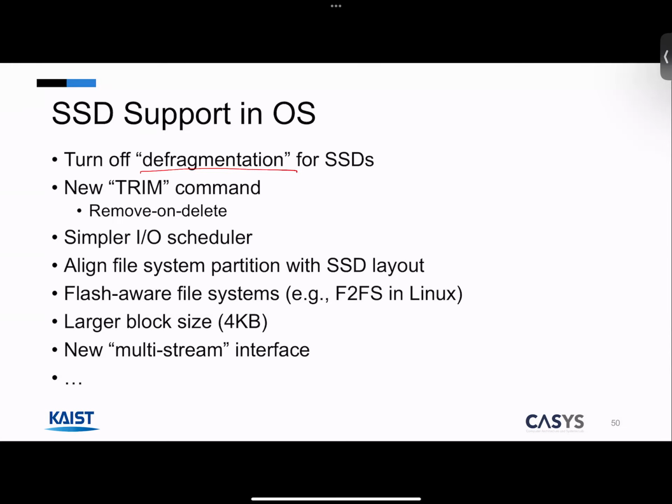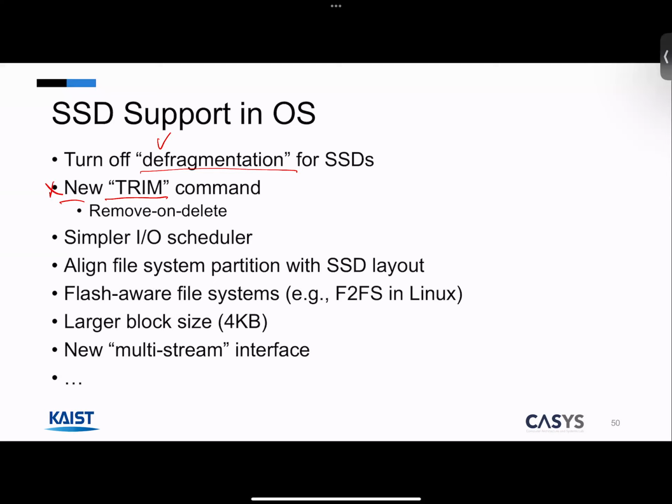But in an SSD, the physical block is located in internal hardware, and the operating system does not know the internal layout of the SSD. So defragmentation, usually used for hard disks, is not applied to SSD. So turn that off. And there is a new command called trim. The trim command is kind of a delete operation, but let's not talk about it for SSD.